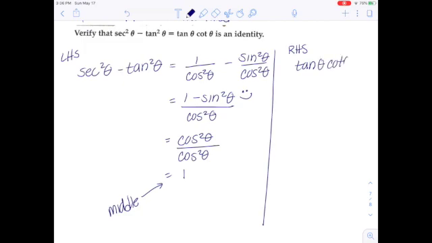So tangent theta, cotangent theta, that is equal to, what do we have? Okay, tangent is just our sine of theta over cosine of theta multiplied by our cotangent, which is cosine of theta over sine of theta.